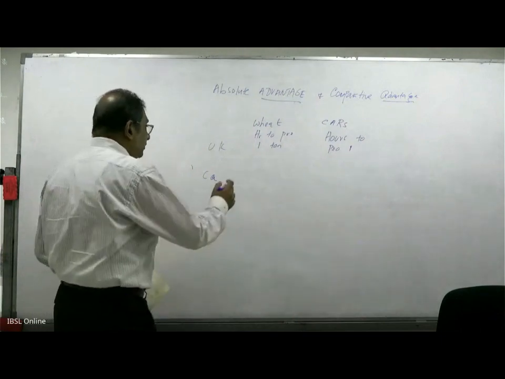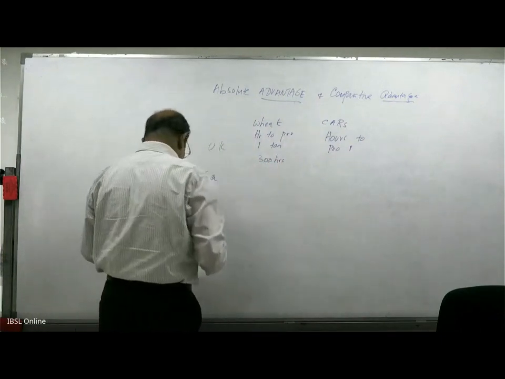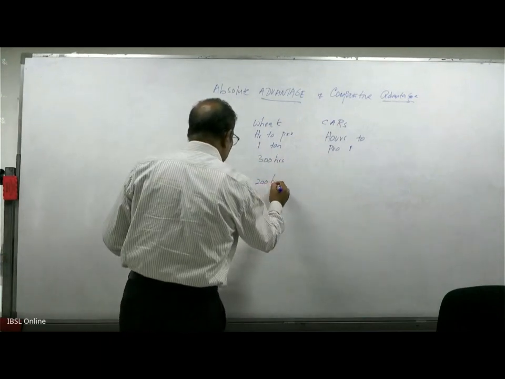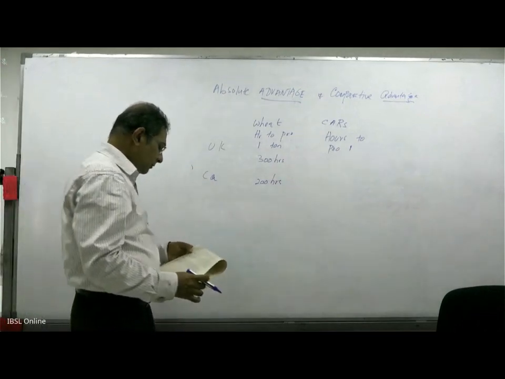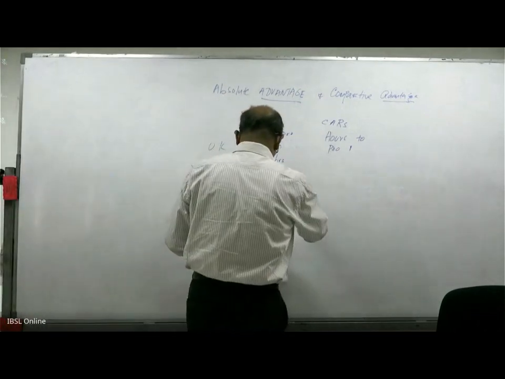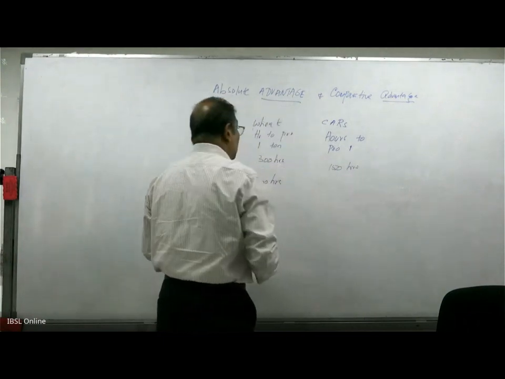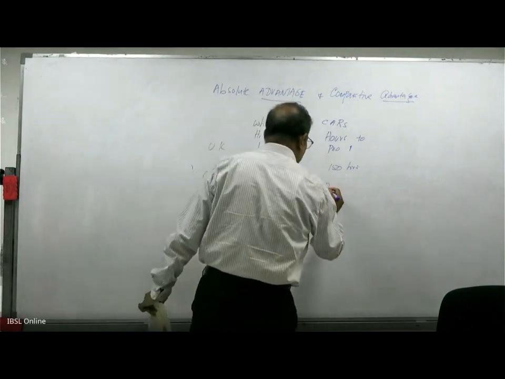So for the UK I have listed 300 hours, and Canada only 200 hours. That is wheat. Conversely, the UK takes 150 hours only to produce a car, whereas Canada takes 250 hours.